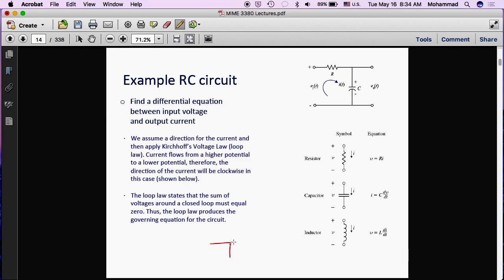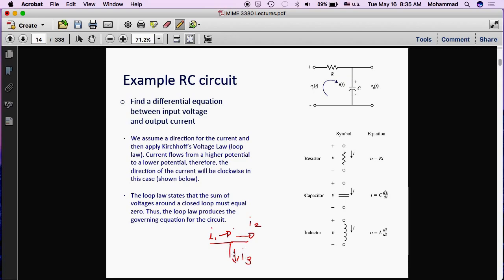If I1 comes to this node, and I2 is the current passing through this branch, and I3 the current passing through this branch.